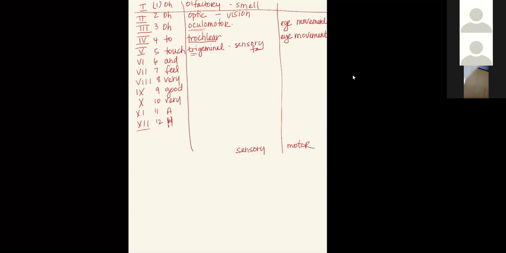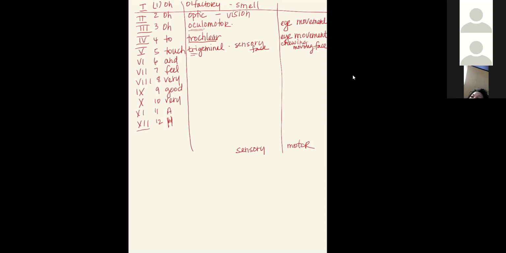And it also has to do with chewing and moving your face. So it's a big one.